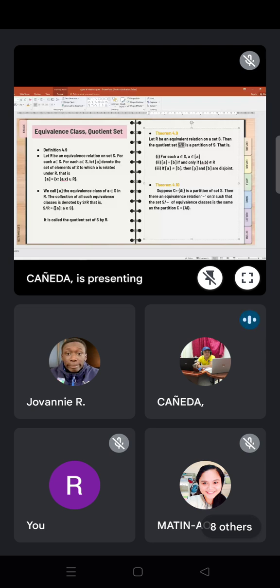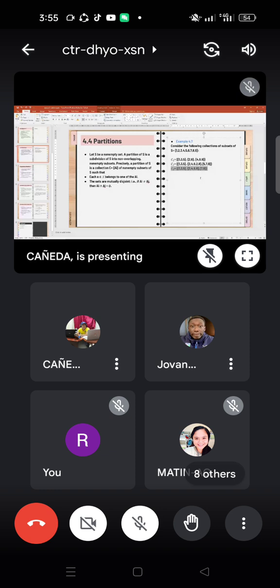So we will just call it bracket 1, okay? A2 or A3, those are your equivalence classes.